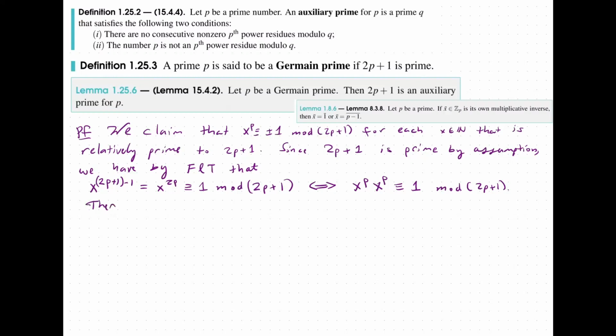Therefore, x to the P is its own multiplicative inverse in the integers modulo 2P plus 1. And now we use the lemma 186.